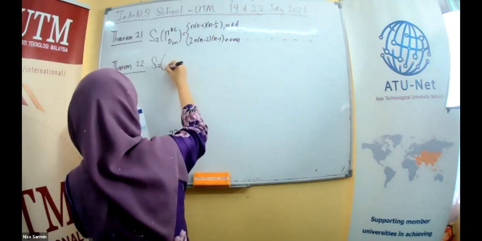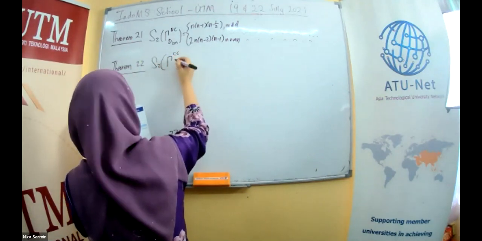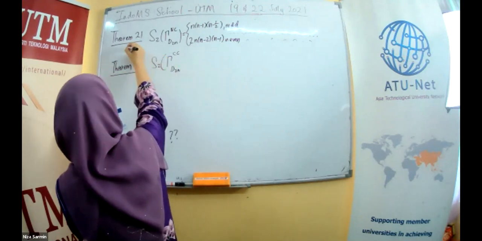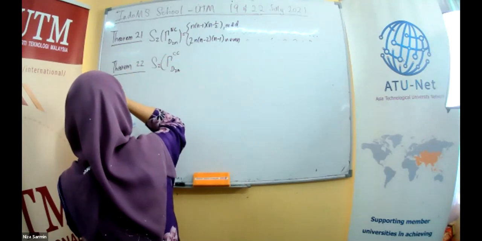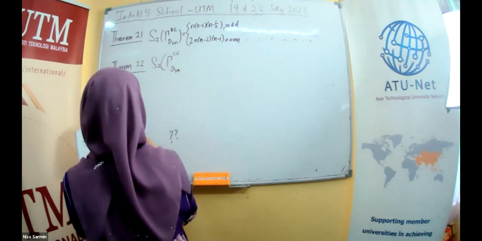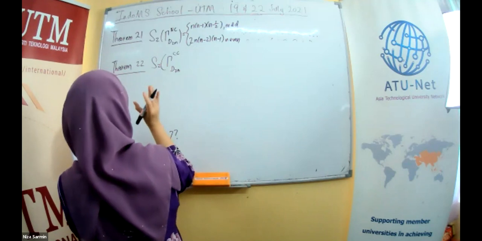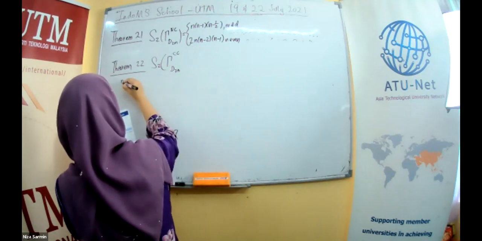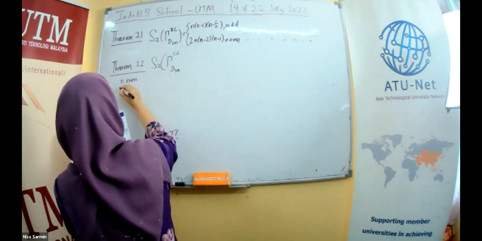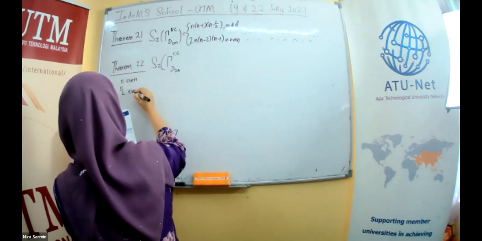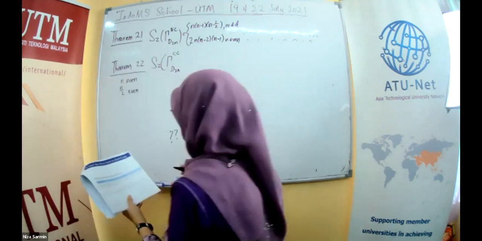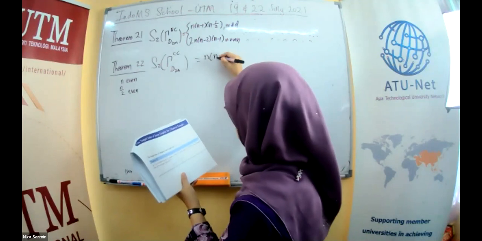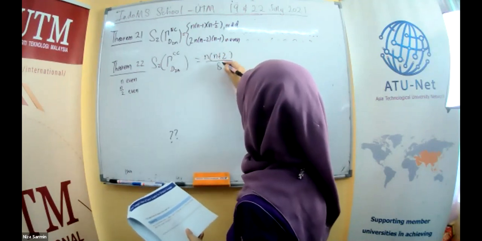This one is for the 2n conjugacy class graph. We have to have 2 cases, right? So this one is when n is even, n over 2 is also even, right? This is n plus 2 over 8.